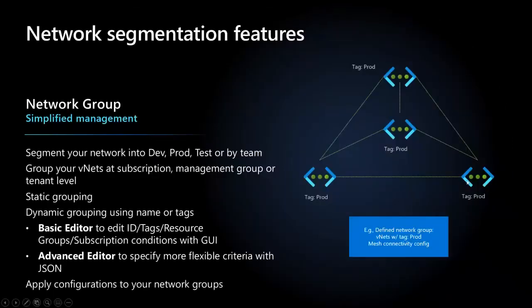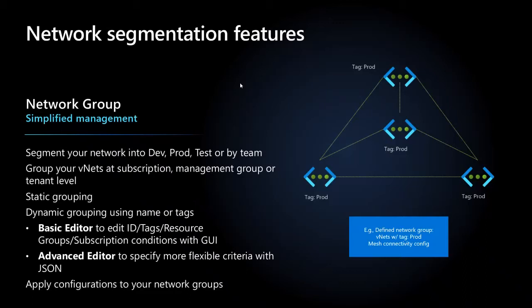As I mentioned, a network group is a logical grouping of network resources. You can slice and dice into different segments: dev, prod, test, or by teams, organizations, departments, etc. And you can create this in two ways: static grouping or dynamic grouping.